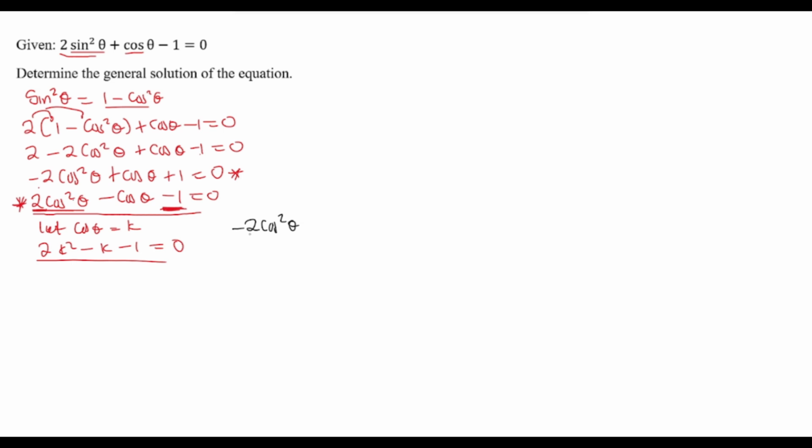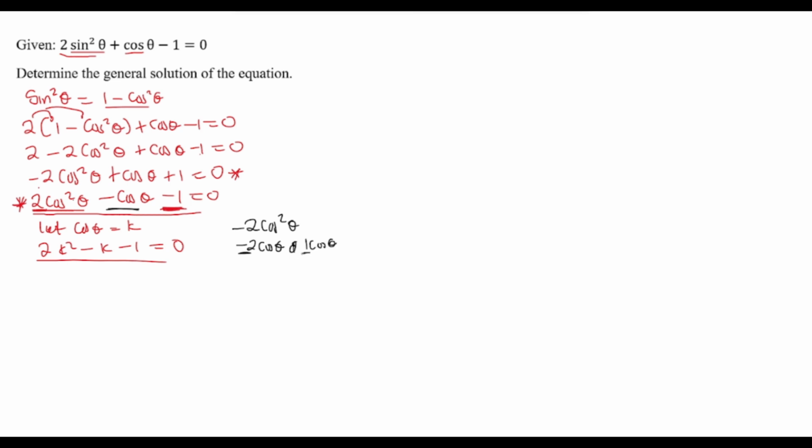Then I look for the factors of negative 2 cos squared theta that will give us negative cos theta if we add them. So this should be negative 2 cos theta and 1 cos theta.